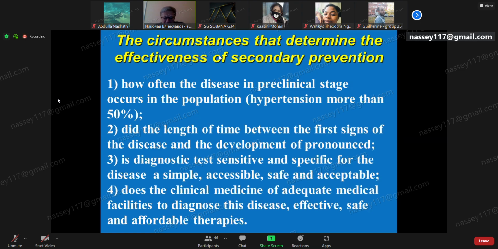That is one circumstance of effectiveness of secondary prevention. Does clinical medicine have adequate medical facilities to diagnose this disease and effective, safe, and affordable therapies?